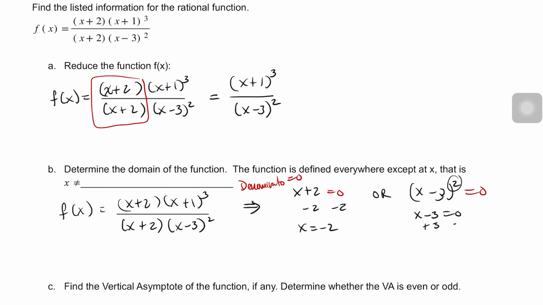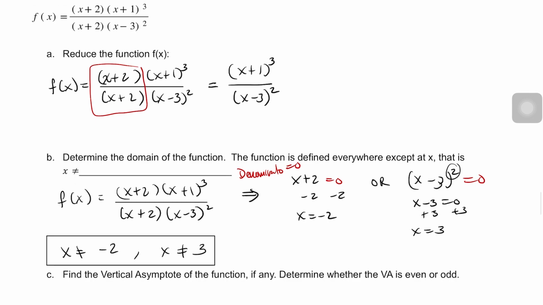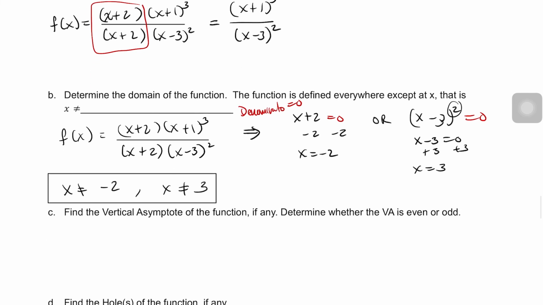So add 3, x equals positive 3. So x cannot equal negative 2, x cannot equal positive 3, because if it does, the function will be undefined. Those are the numbers that we're going to exclude from the domain. So the domain of the function is all real numbers except negative 2 and positive 3.